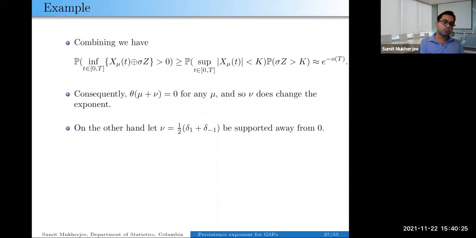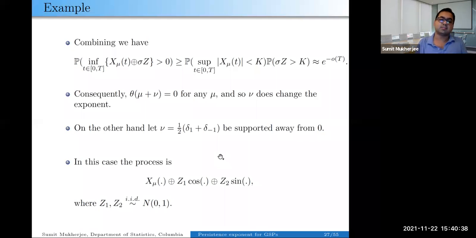Just to explain the advantage if you don't have a mass at 0, let's take this example, which is point mass at 1 and minus 1, half and a half. In this case, the process is X_mu plus this Z1 plus Z2. This process independently we studied, but now there's an X_mu added to it. All of these are independent, and Z1 and Z2 are IID.